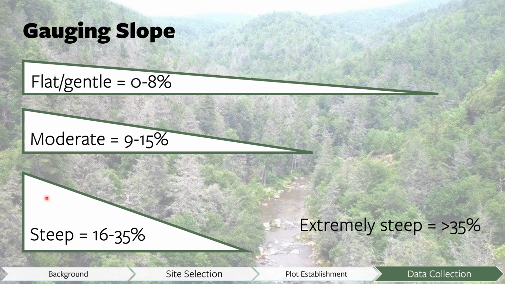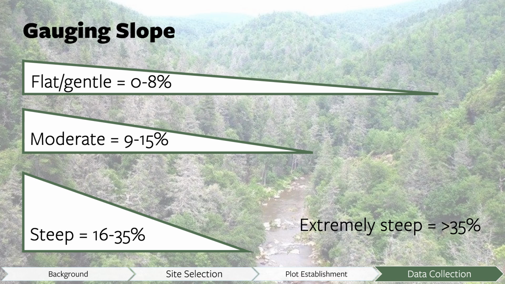Steep slope would look like about this, this angle of the ground, so certainly a little bit more than moderate, but again, you are just estimating. And then extremely steep is going to be any slope that's above 35%. There are apps that you can download for free on a smartphone that if you set that phone on the ground, it'll tell you what % grade it is, if you want to be more exact than just estimating these.